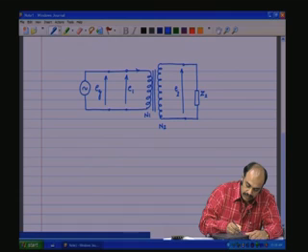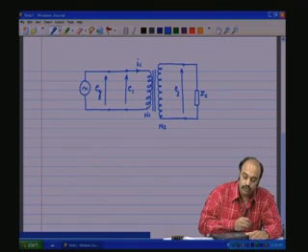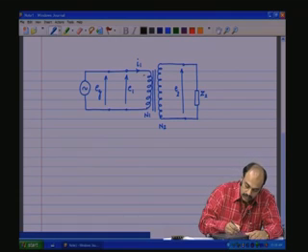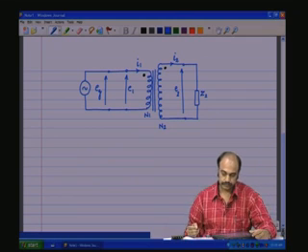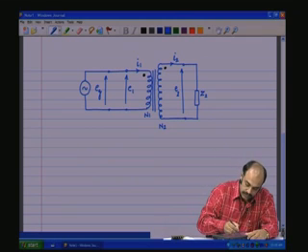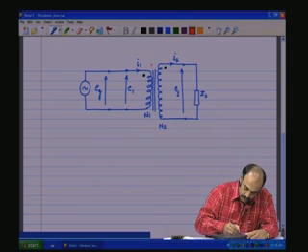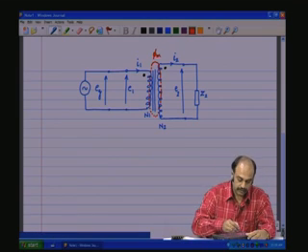There is a primary current I1 flowing into the dot. There is a secondary current I2 flowing out of the dot. And of course, there will be a flux which links the two coils and causes the energy to flow from the primary to the secondary.